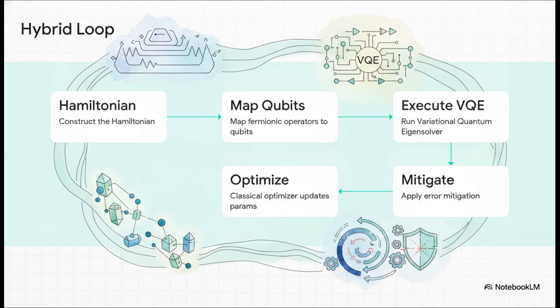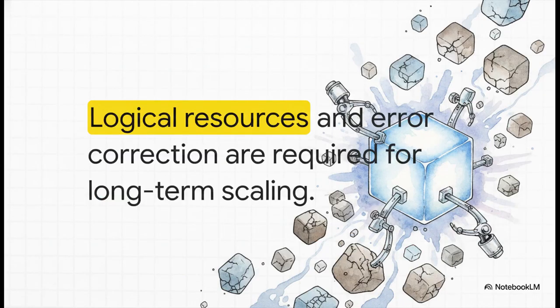It's a very tight, highly iterative hybrid loop. However, if developers want to move beyond those near-term heuristics like VQE and truly scale up, they have to focus heavily on fault-tolerant targets. This means shifting your brain away from just looking at physical circuit depth on noisy qubits. Instead, you're focusing on logical resources, resource estimation, and phase estimation precision.